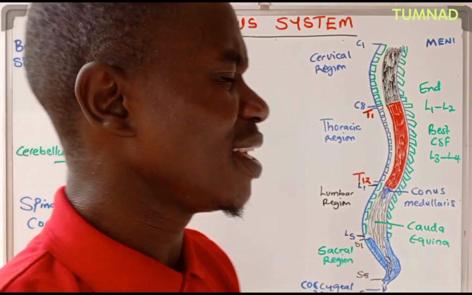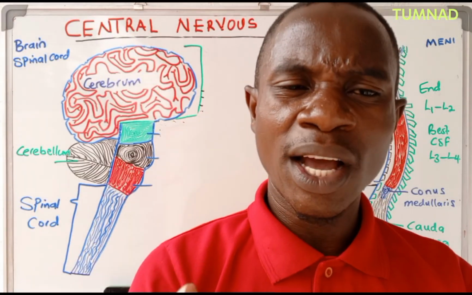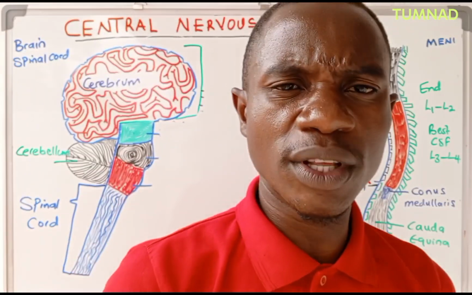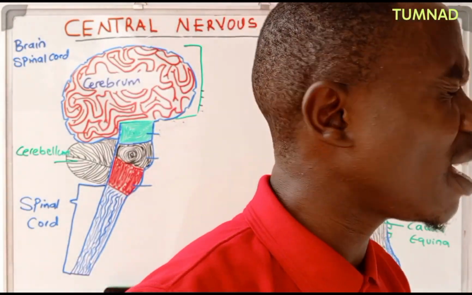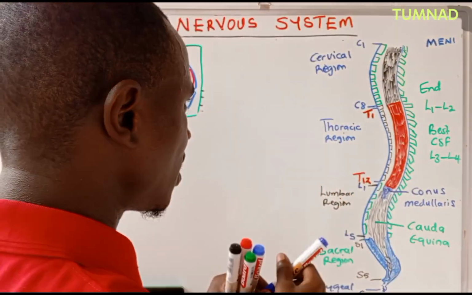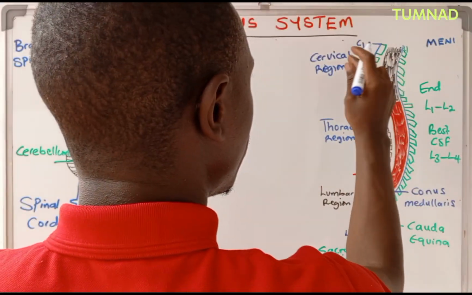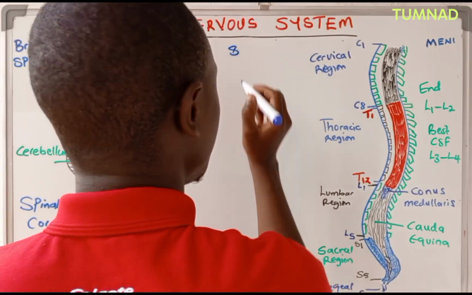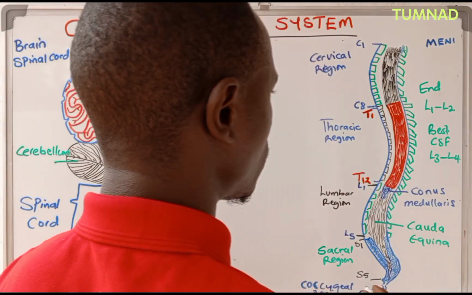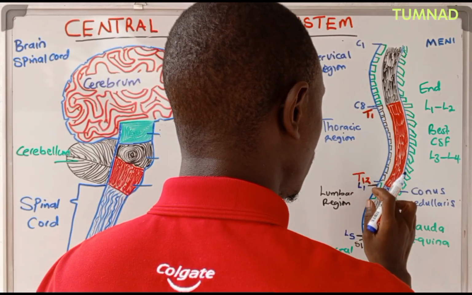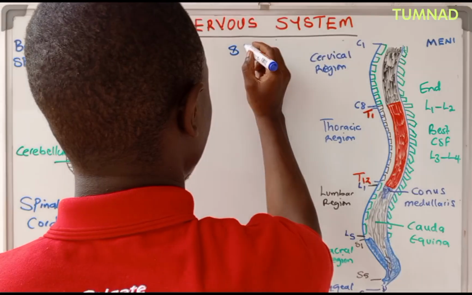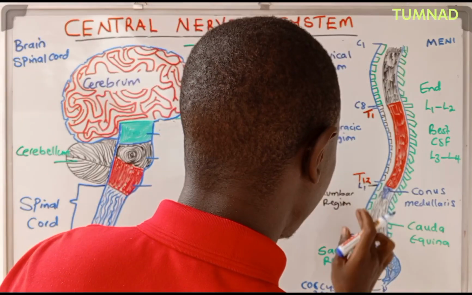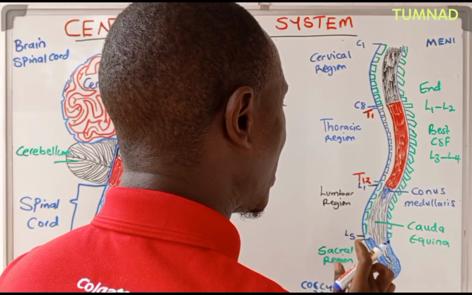So now we have seen different pairs of the spinal nerves. A question is, how many pairs of spinal nerves are going to be exiting off the spinal cord? This is a very simple mathematics. We can start counting them. In the cervical region, we have 8 pairs of spinal nerves. In the thoracic region, we have 12 pairs. In the lumbar region, we have 5 pairs.